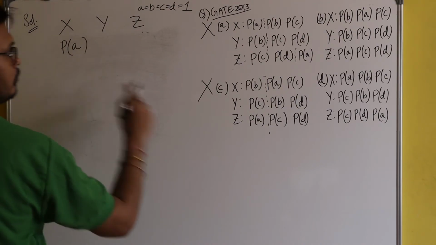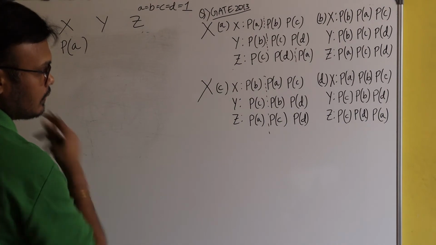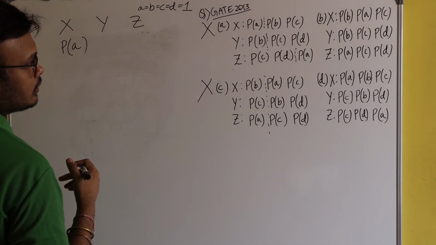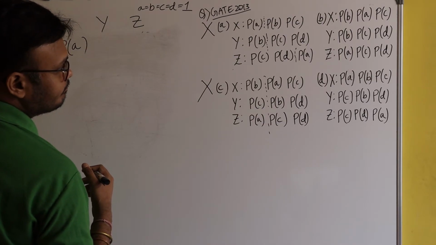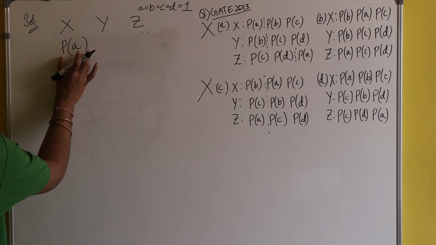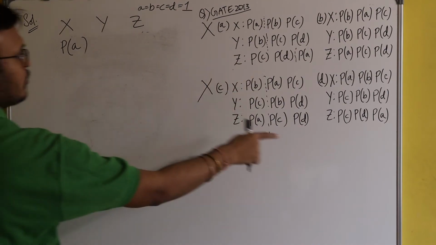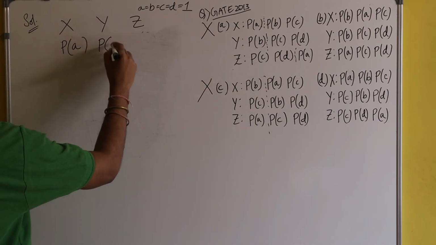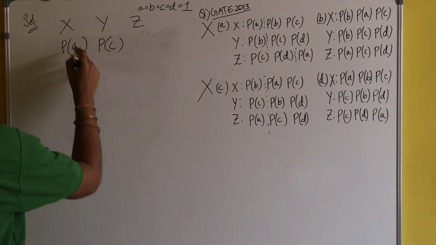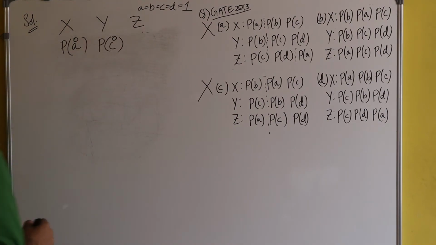Suppose process X, process Y, and process Z. Process X has successfully applied PA, and after that there is a context switch. Now the CPU is given to process Y. So process Y will apply P of C. Now both have made the value of A and C as 0, 0 respectively.